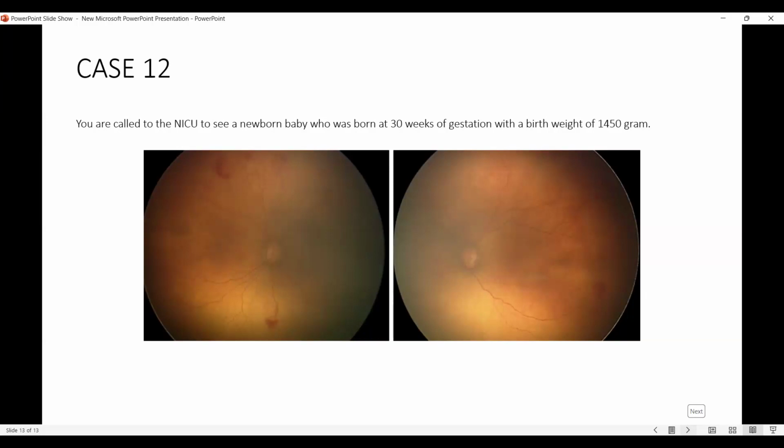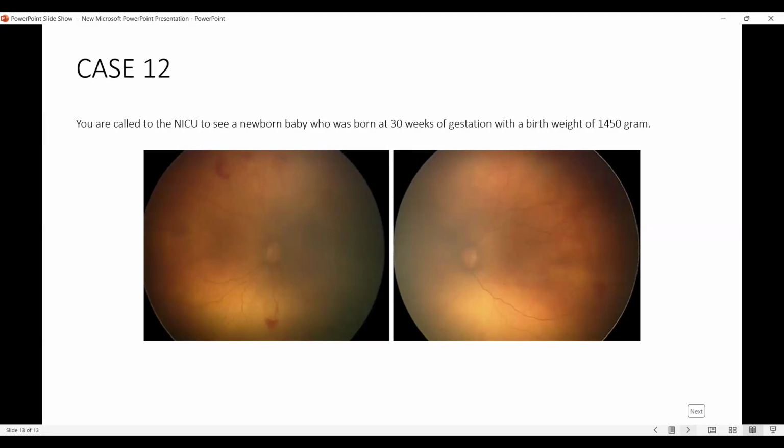This is the fundus photograph of the right and left eye of a newborn baby, as mentioned. The view is hazy. The disc is seen, and vessels are arising from the center of the disc.